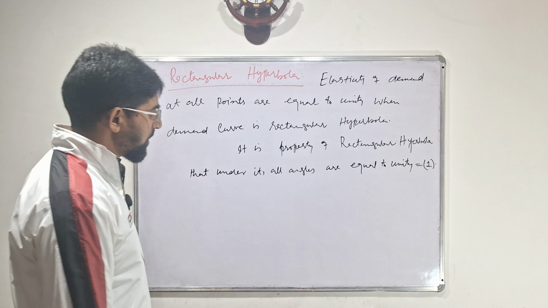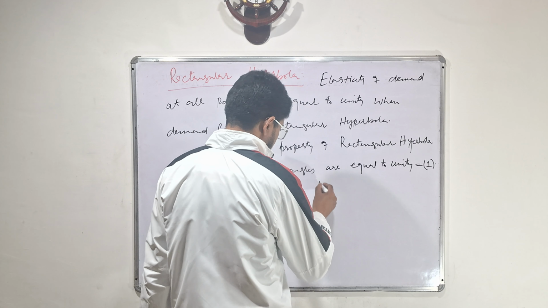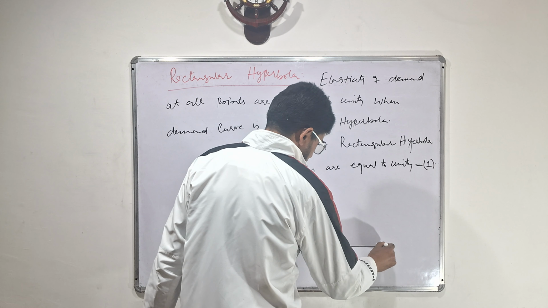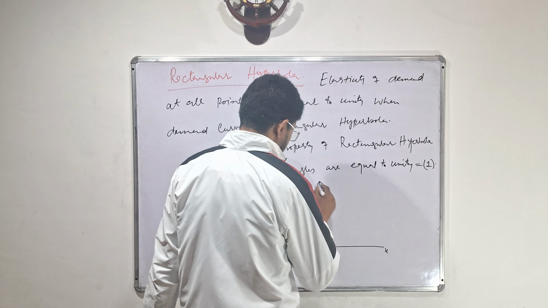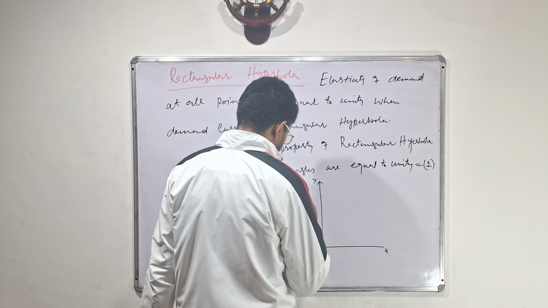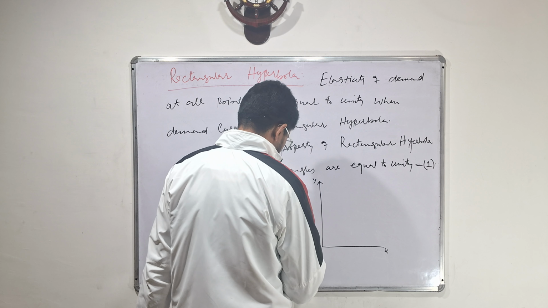As I told you, I will show it with the help of a graph so that you can easily understand this. This is x, this is y, this is 0, here is price, here is quantity.